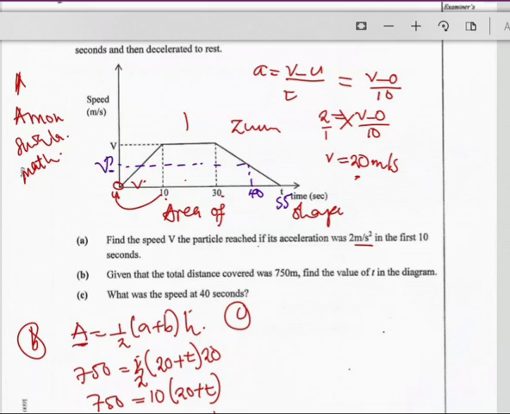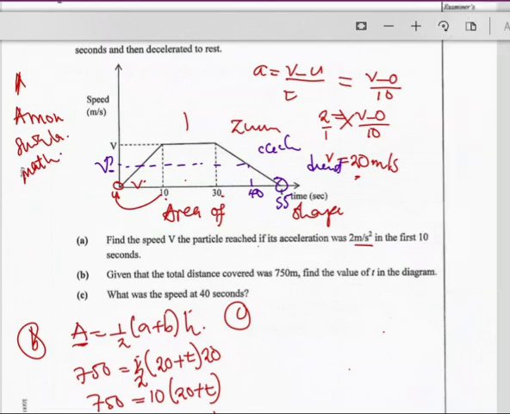The first thing we need to know is that here it was decelerating. The deceleration from here to here is the same as from this point to here. In short, we are talking of the gradient. The gradient of this slant line is the same, so we can use this same deceleration to get our value there.